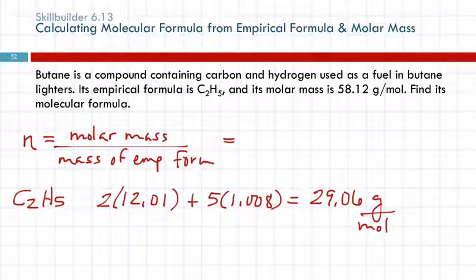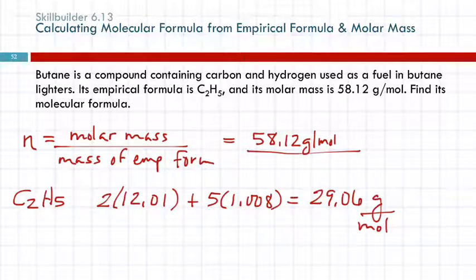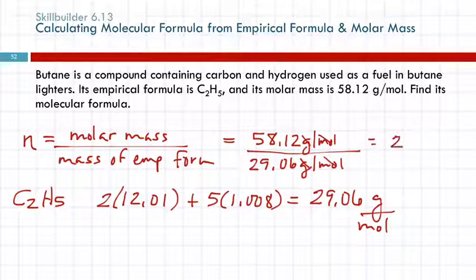The molar mass is given, 58.12 grams per mole. Divide that by the mass of the empirical formula that we calculated. The units cancel. 58.12 divided by 29.06. This time my calculator actually just says 2.